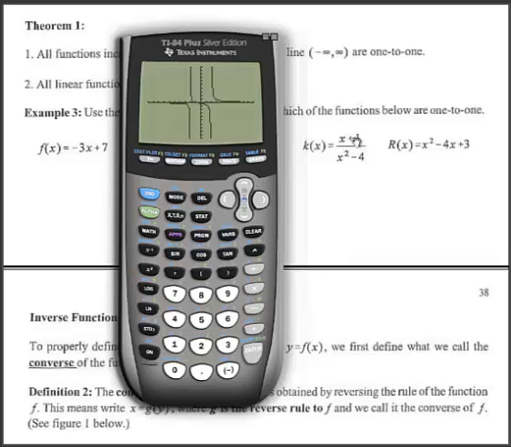So not all rational functions, which this is a function, for every one input we get one output. But two inputs could map to the same output, and that's exactly what happens if we apply the horizontal line test here. We intersect k of x twice. So this is not 1 to 1.